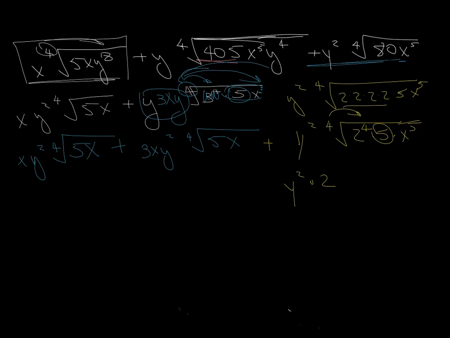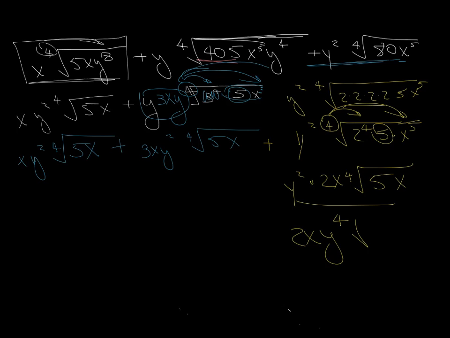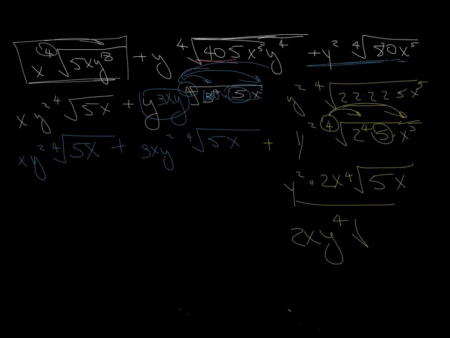There's no exponent on there, so the 5 stays there. 4 goes into 5 once with 1 left over. So we're going to write this as 2xy squared, 4th root of 5x.